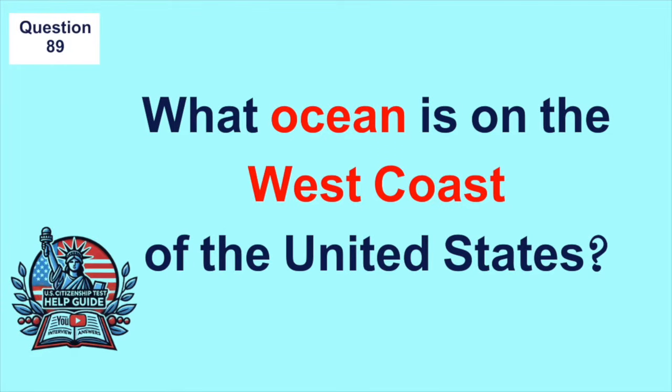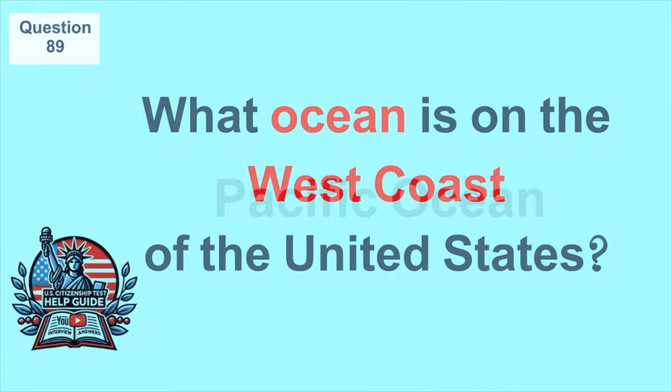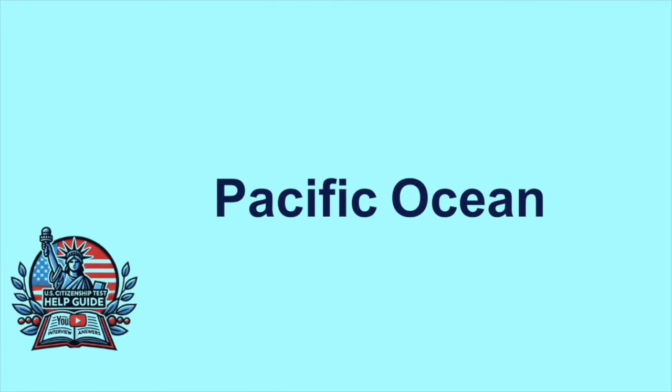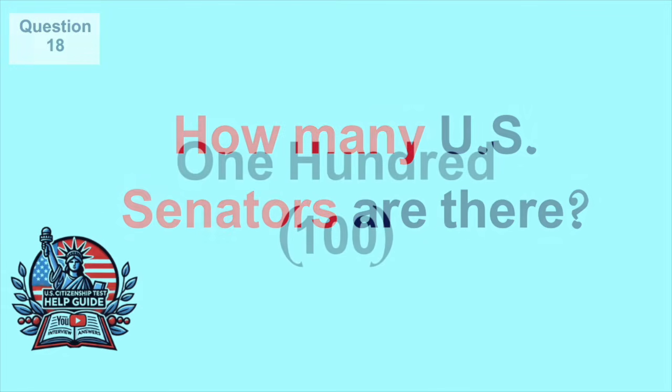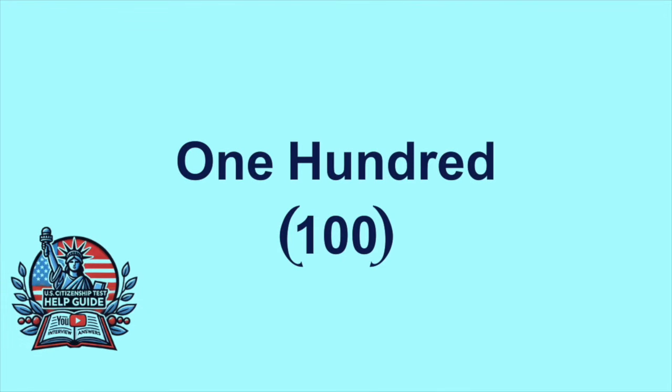What ocean is on the west coast of the United States? Pacific Ocean. How many U.S. senators are there? 100.